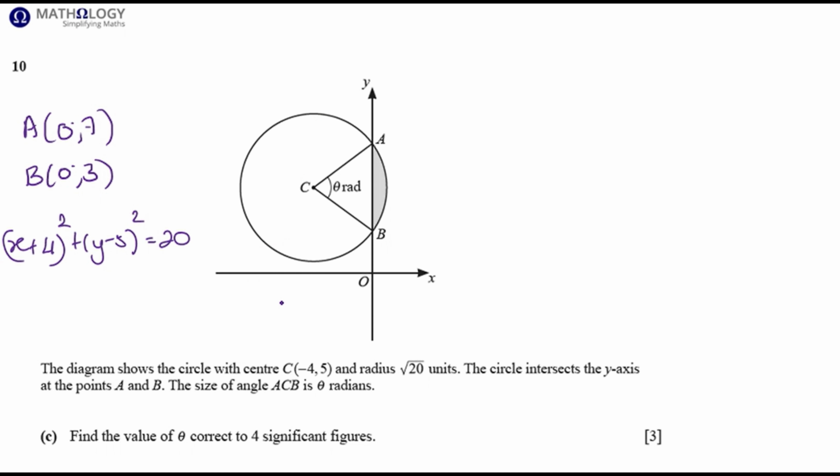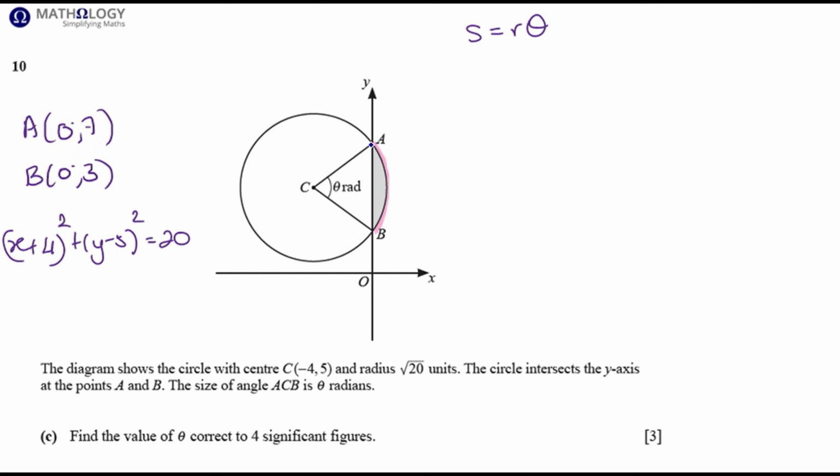Now, next we're required to find the value of theta. Just looking at sector ACB, you'll probably automatically be thinking to find theta you can use arc length equals r times theta, but that would mean that you would first need to determine the length of arc AB.